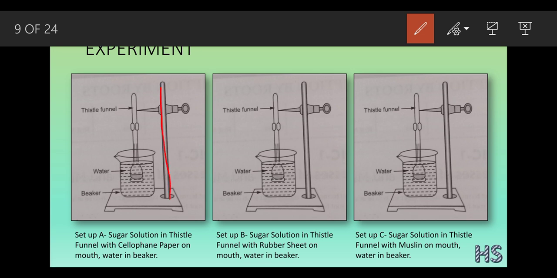This one is a stand, this is a beaker, which we already know. Inside the beaker it is filled with water, and this apparatus is called a thistle funnel.